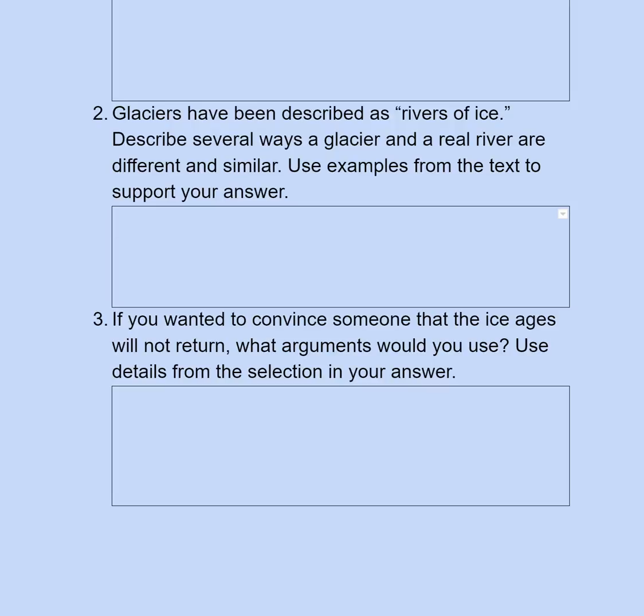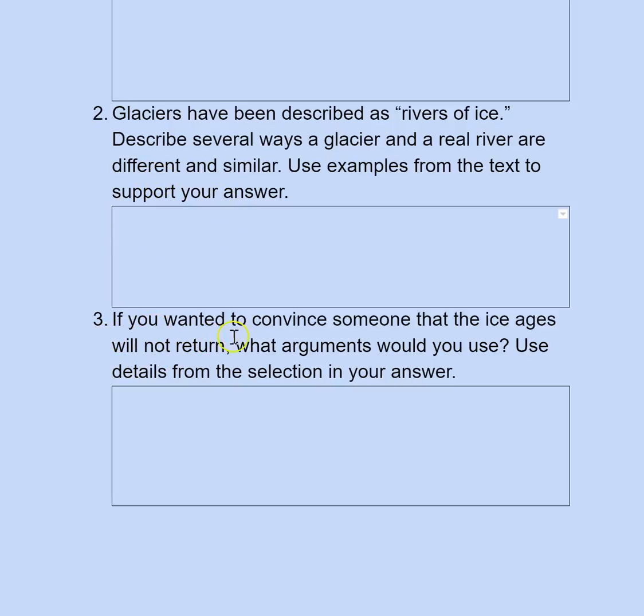In what ways are they similar to a river? But right there in the text, it states exactly that glaciers move differently than rivers. So there's your evidence, there's your difference. Now you just need to find the similarities. And you also have the page number and the paragraph number for that difference.